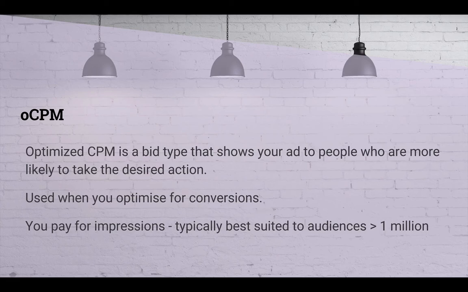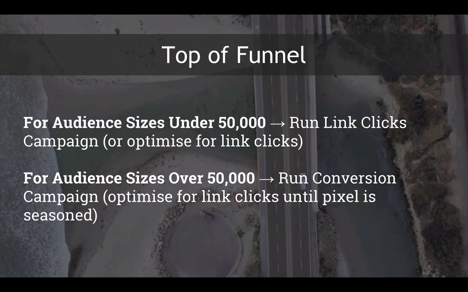That is your bidding tactic. This is when your ad gets shown to people who are more likely to take a desired action. You pay for impressions using this bidding strategy, and typically, again, this is a generalization, this works best for audiences over 1 million.